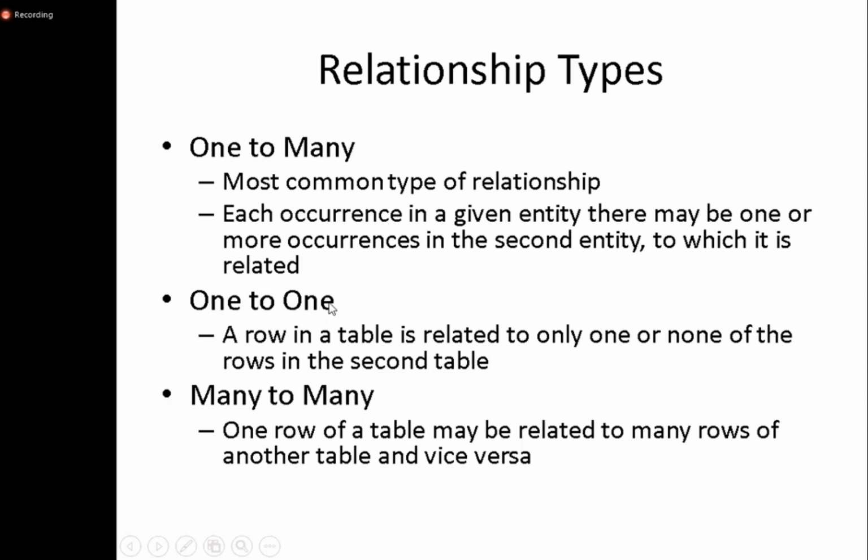Also, the reverse is true: one student has one teacher. In many-to-many, you have many entities related to many other entities. Therefore, it's a bit complex to handle this type of relationship.